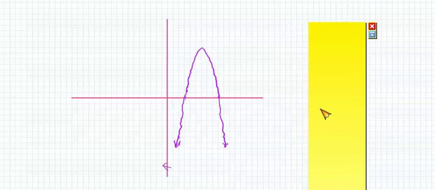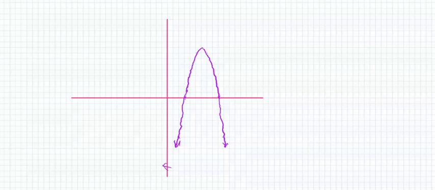And it's going to be continuous, and eventually, it's going to hit this line here. My domain is all real numbers, so it's negative infinity to positive infinity.